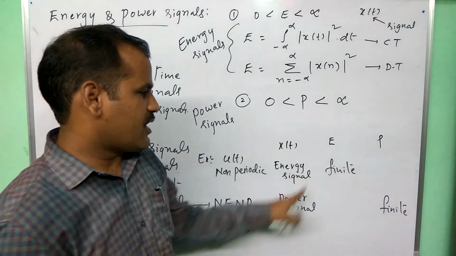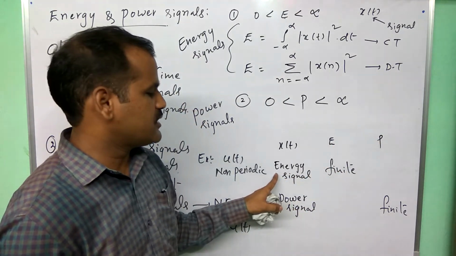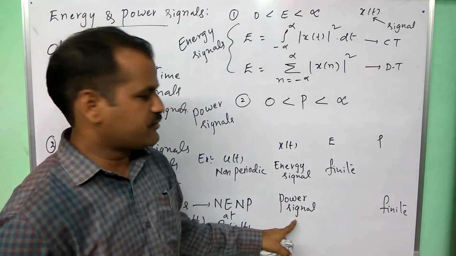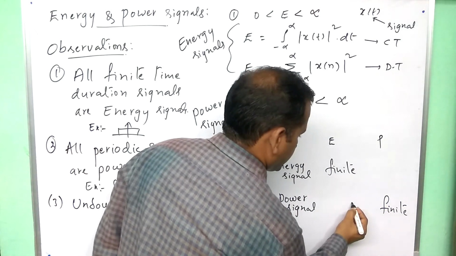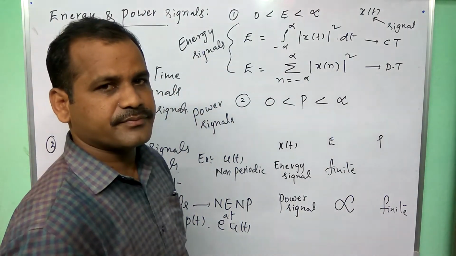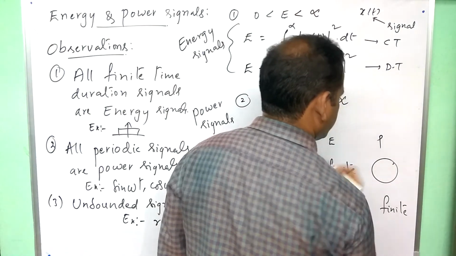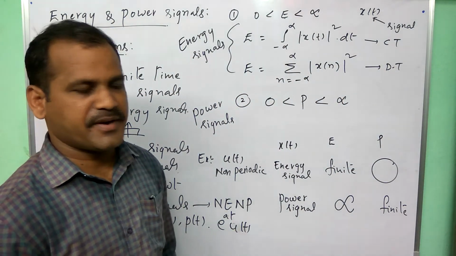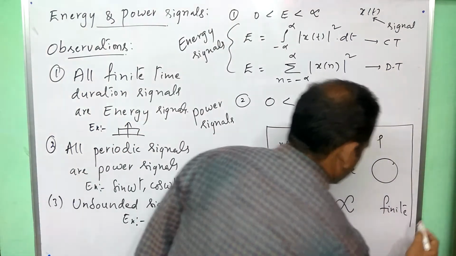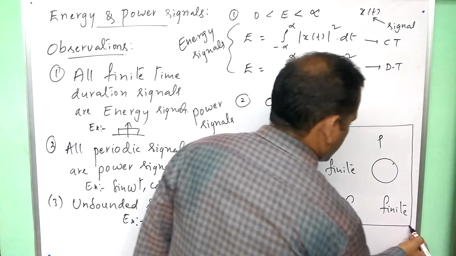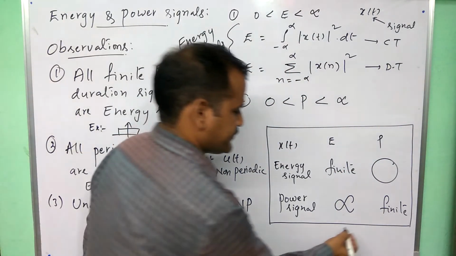Then what is the power of an energy signal, and the energy of a power signal? If you see, for a power signal, energy should be infinity, and for an energy signal, power should be 0. That we must remember here. So this table is very important for us. After solving our GATE practice problem videos, you can once again verify this table and it will become clear. Thank you.